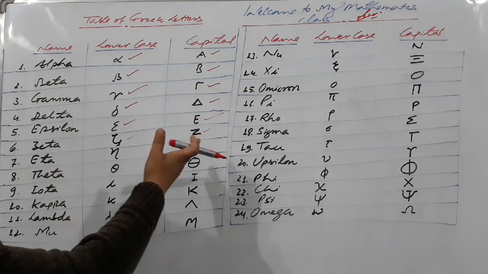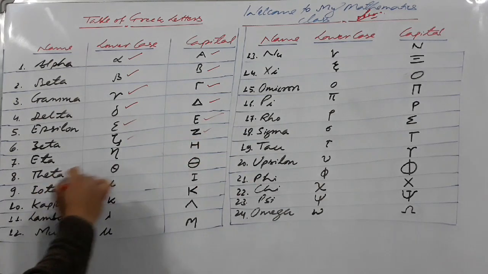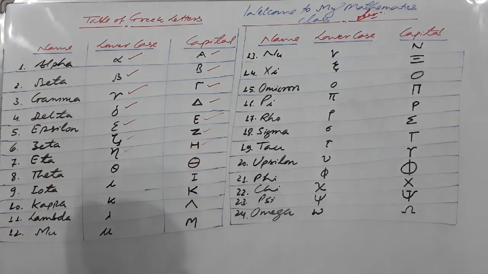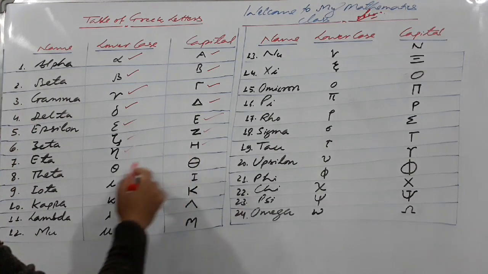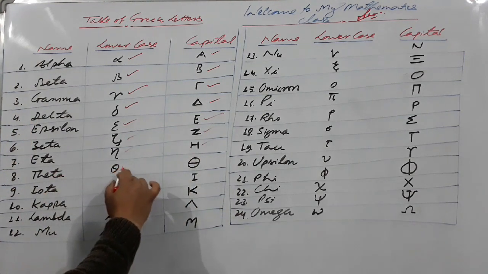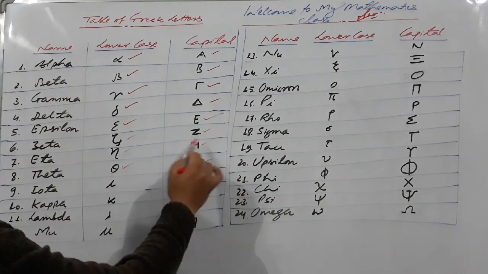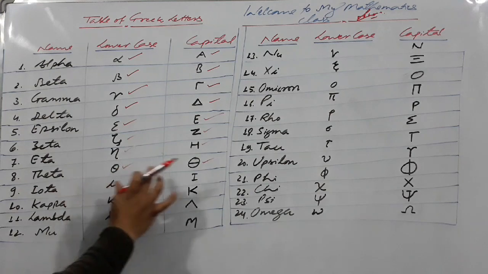In English, we see the G or a Z. And eta, and this one is an eta. This is the Greek letter; it's H in English alphabets. Okay, eta and theta: this is in Greek alphabets eta, and this one is a theta.